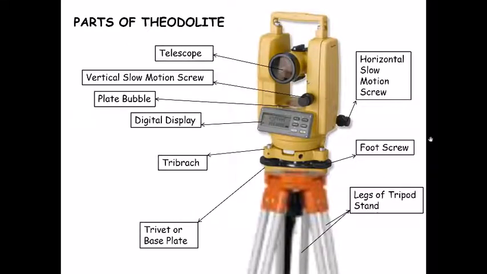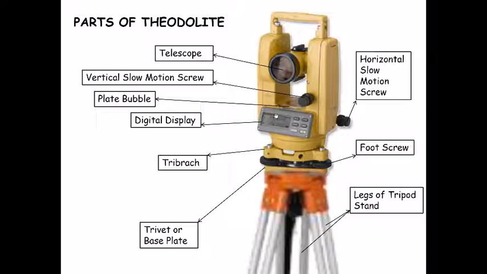Now again, some different parts that we studied before: horizontal slow motion, vertical slow motion, the telescope. Then we have the tripod at the bottom and the trivet or base plate. Above that, we have the foot screws. Then the digital display. On the display, you see some different buttons that have various functions. On the function side, you can set face left or face right, set the angle to zero, hold the value of the angle, and some other functions.